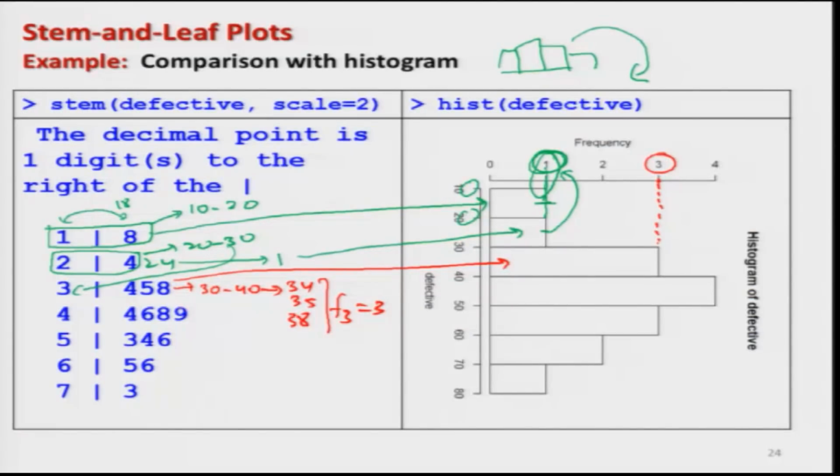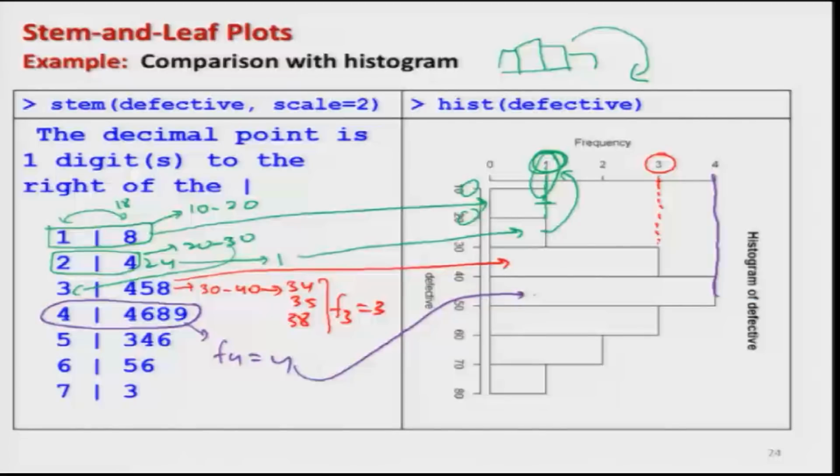And similarly, in the fourth case, I can simply say that the frequency in this case is 4, f4 is 4, and this value is indicated over here, and you can see that this frequency is 4. So, now you can see that the stem and leaf plot and the histogram are more or less comparable.